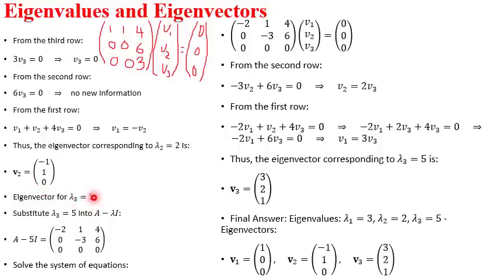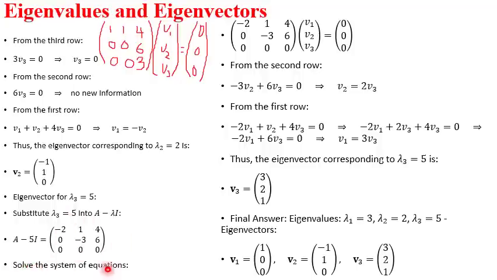In a similar way, we simply subtract this eigenvalue from the matrix using basically the diagonal elements. So when we subtract the 5 from all the diagonal elements, this is what results.